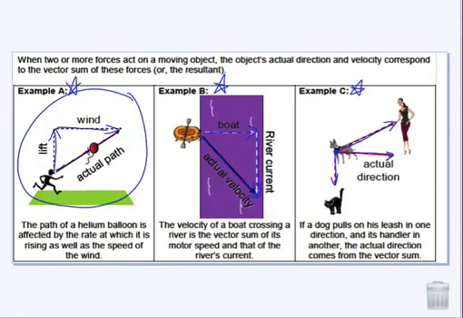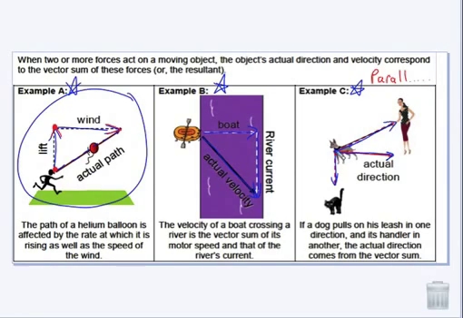One vector is starting here, it's going up, and the other vector is going to start at the tail or the end of your first vector, and it's going this way. So example A would be a tail-to-tip graph. Example B would also be a tail-to-tip graph, but example C would be your parallelogram.